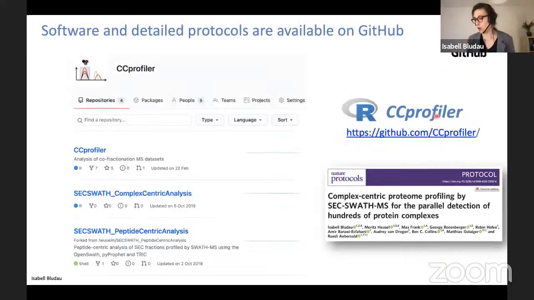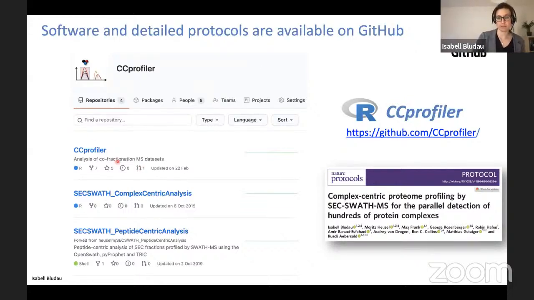So just for you to know what you can do with this, all of what I just talked about is available as an R package in the CC profiler framework. So also all the COPF analysis steps are available in CC profiler, and you can find it on GitHub.